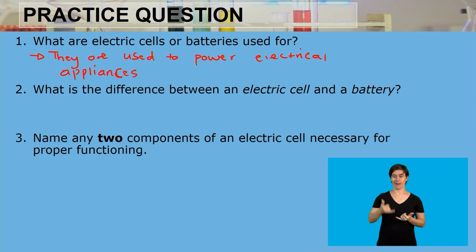Remember, the remote that you're using at home, your cell phone, they all are using batteries. And without the battery, your cell phone will not switch on. So for you to switch on your phone or to power any electrical appliance, you need a battery or you need a cell.